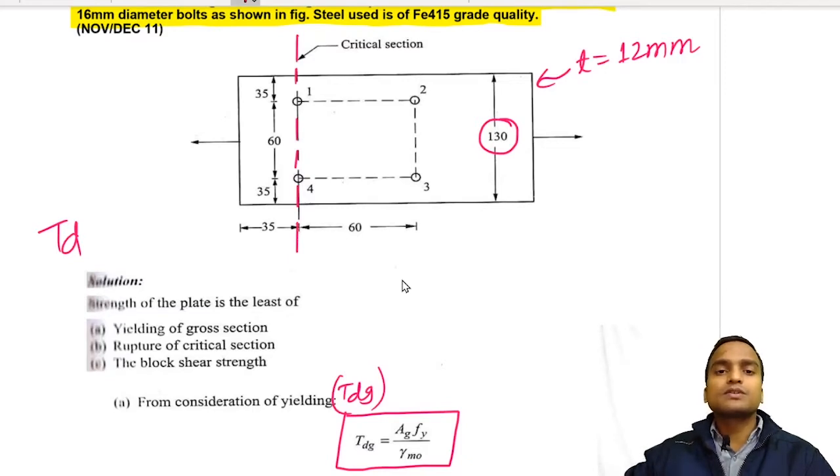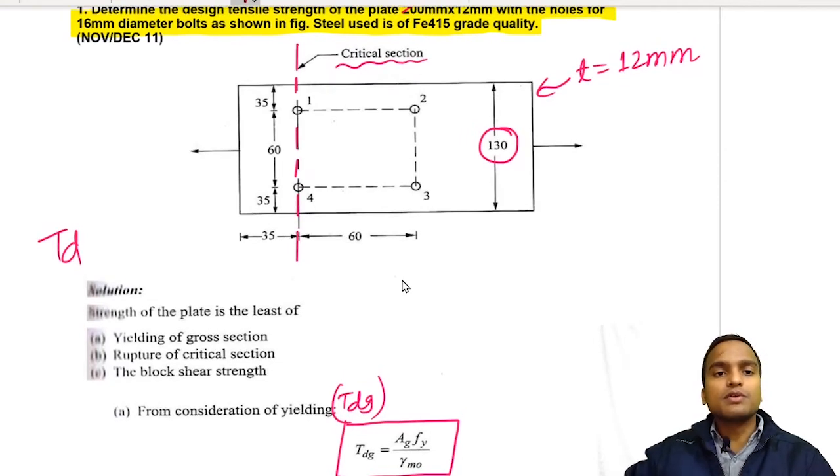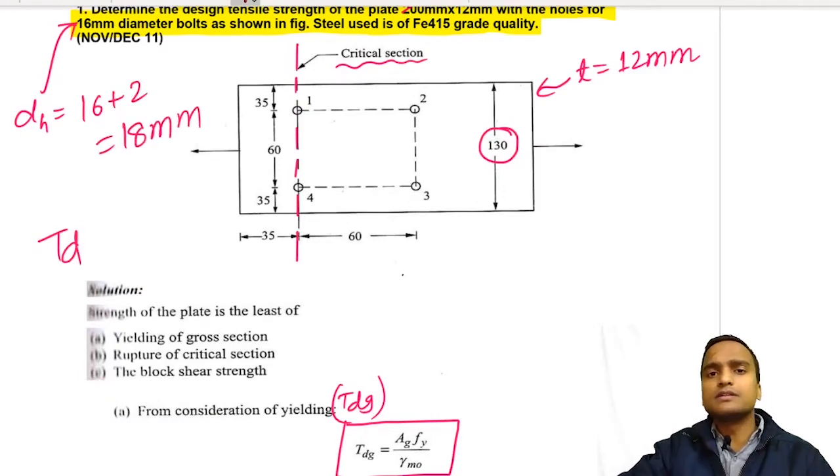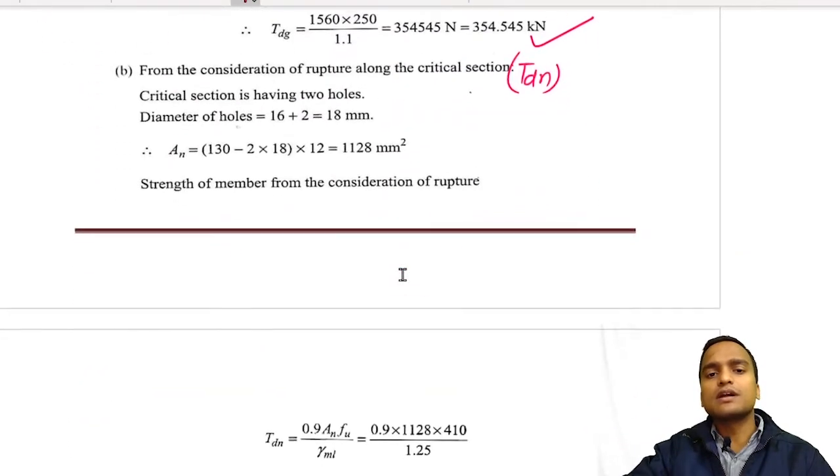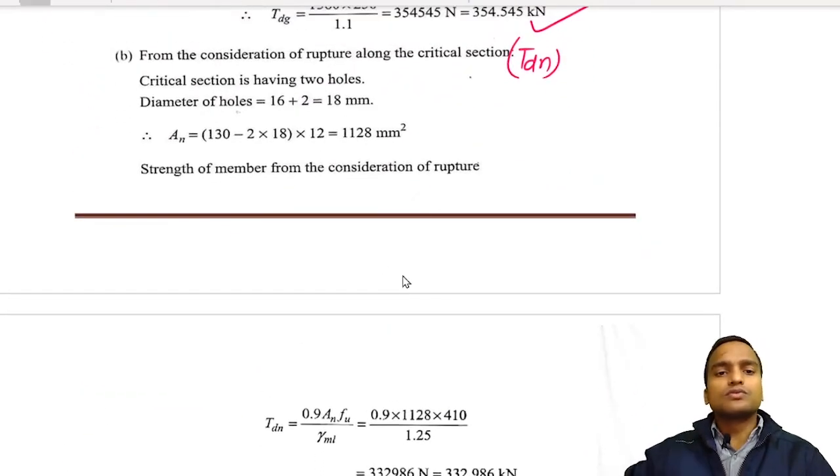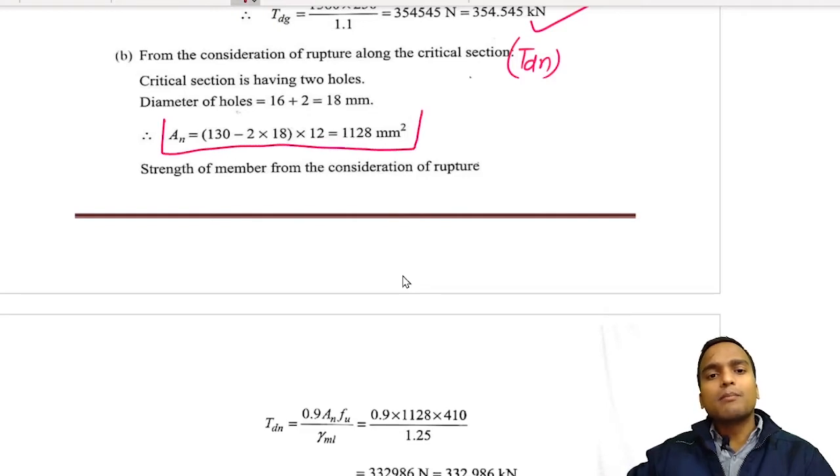The bolt diameter given is 16 mm, M16 bolts, so the diameter of hole is equal to 16 plus 2, which is 18 mm. Now we can calculate the net sectional area at the critical section: A net will be equal to 130 minus 2 times the bolt hole diameter, into the thickness of the plate.